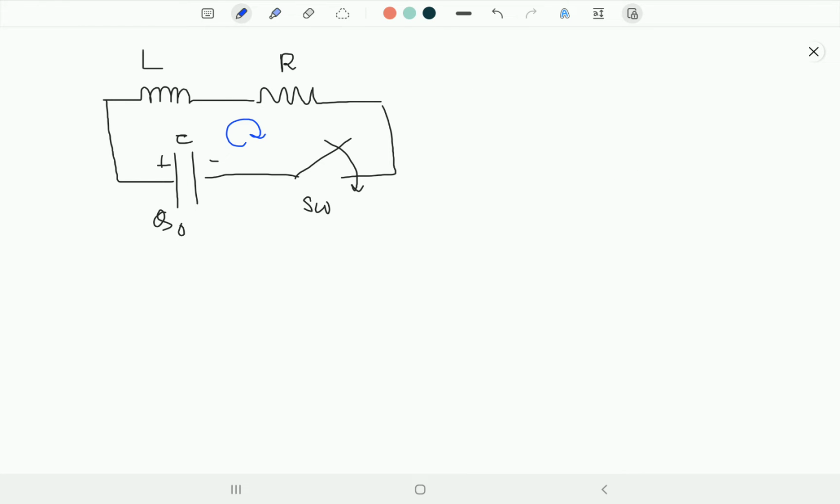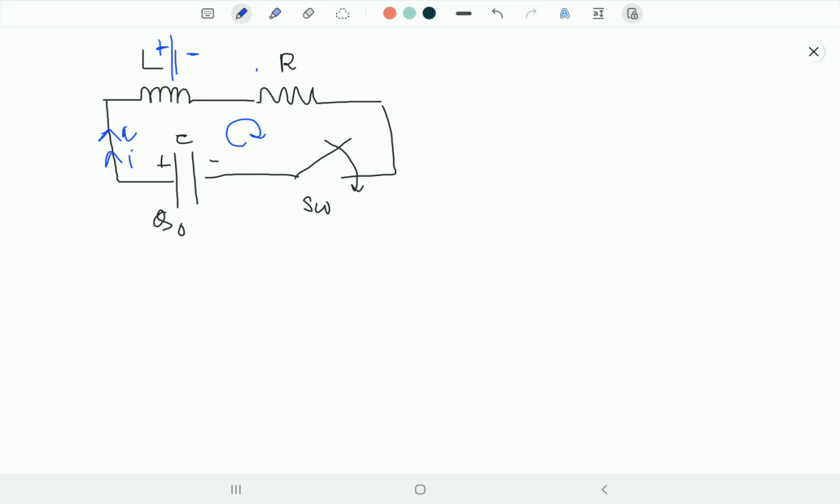So I suppose a q charge leaves this plate, and current I flows in this direction. So the inductor would behave as a battery of this much EMF.